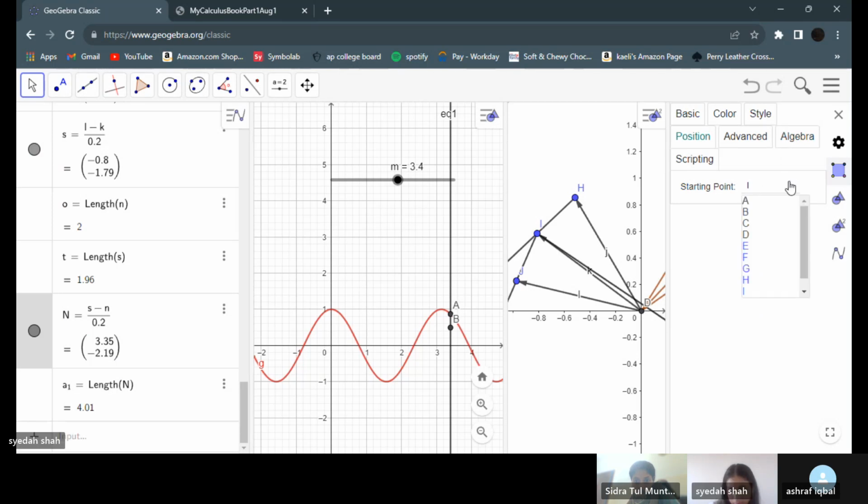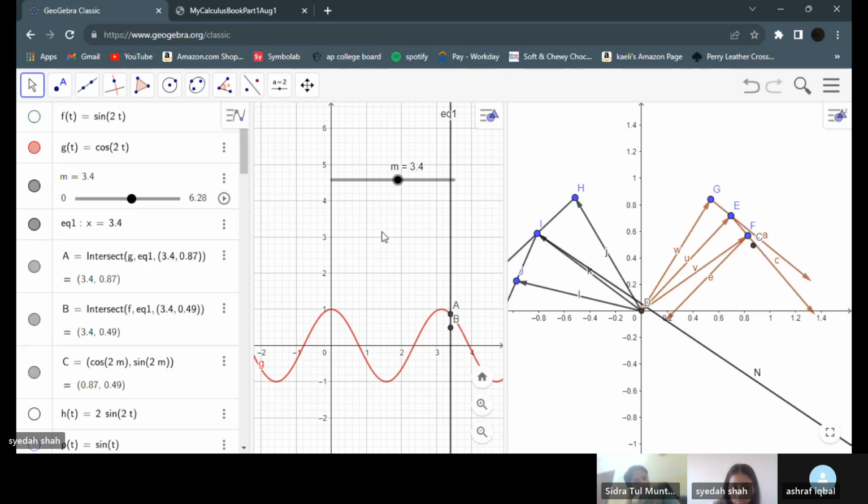All right. And now make all of them the color blue. Make all these 6 vectors blue.